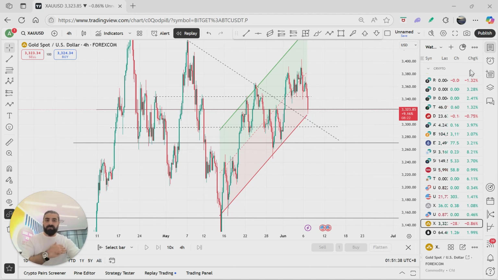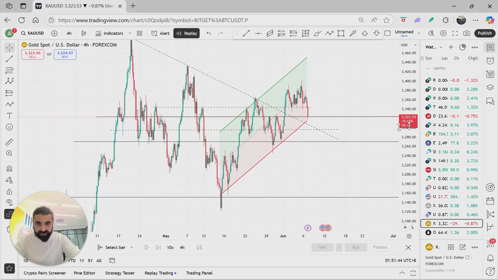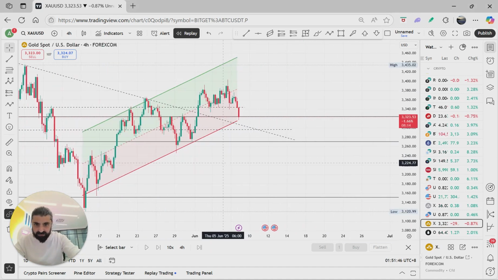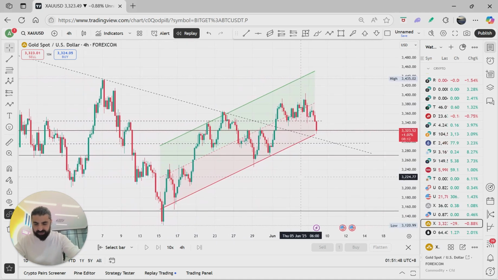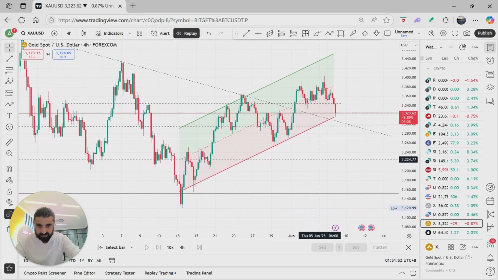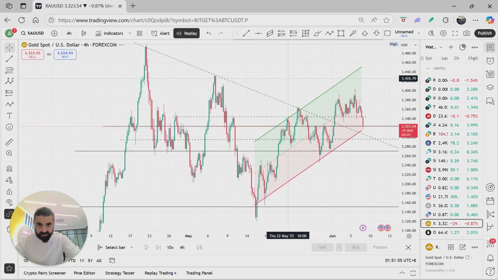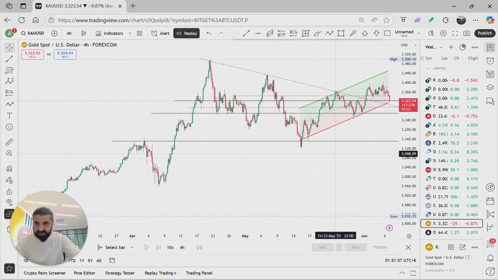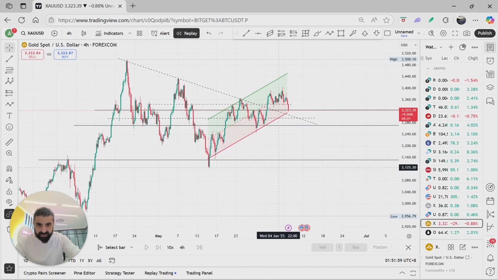Gold has been on a bullish upward trend, but let's see how things are looking currently on the 6th, which is today. Let me just reset.